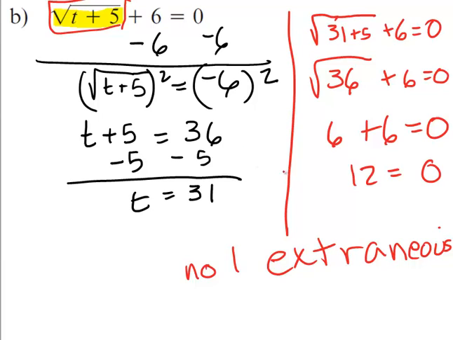Now, if you thought about the square root of 36 being plus or minus 6, if it were negative 6, it would be true. But for now, both solutions won't work, so it can't work at all.